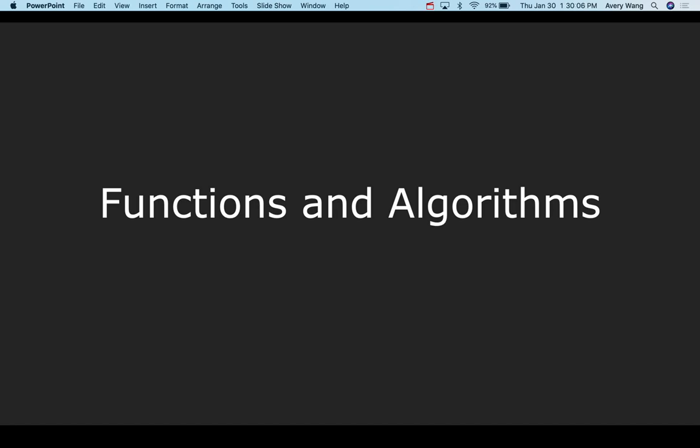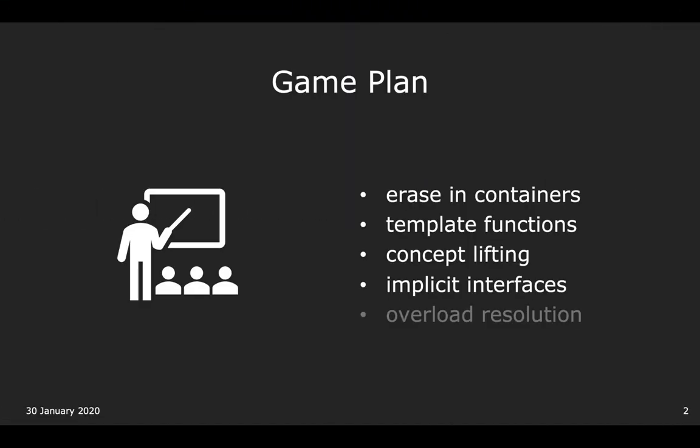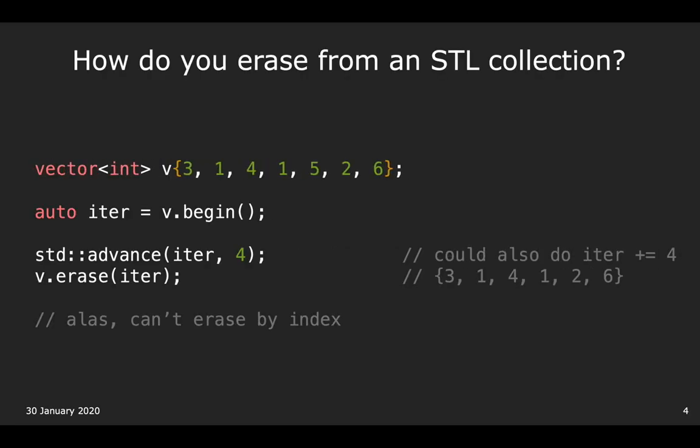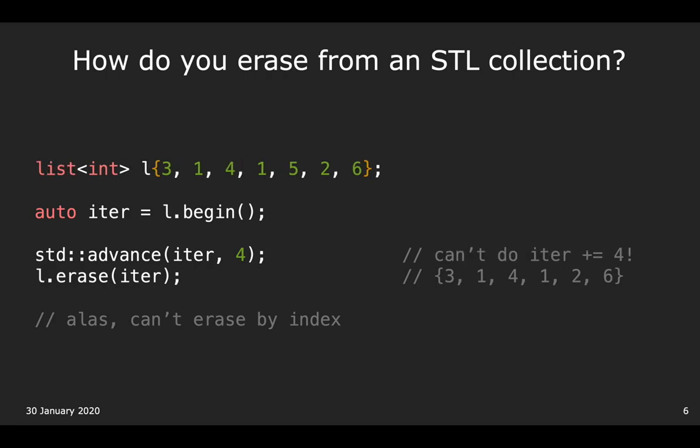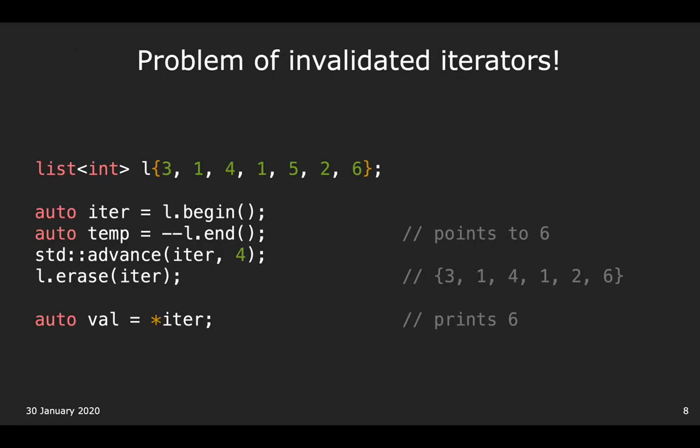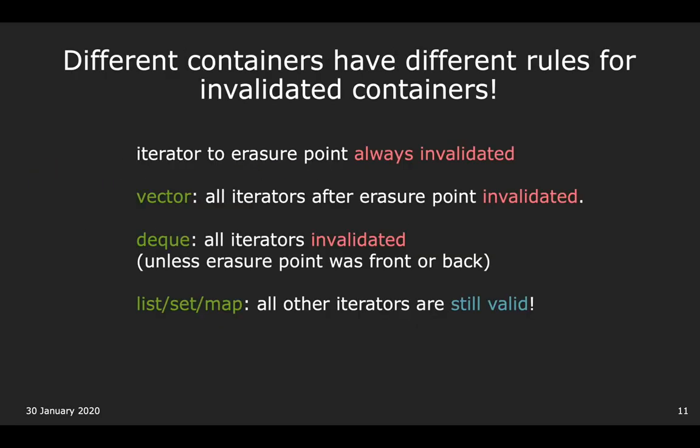Just before we get to that, I want to start with a recap of last time. Last time we talked about erasing in the STL containers. If you erase an element, that invalidates some other iterators depending on what kind of class you're using.